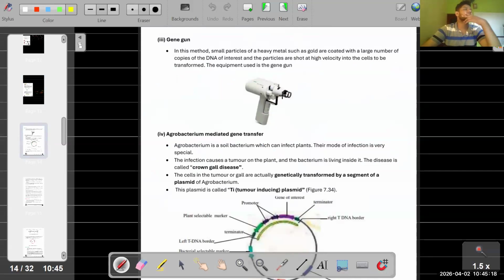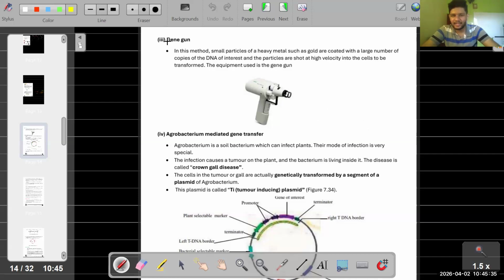Right. Now this is very interesting. What they do is, metals such as gold, they make some bullet-like structures, right? And normally they are coated with large number of copies of DNA.